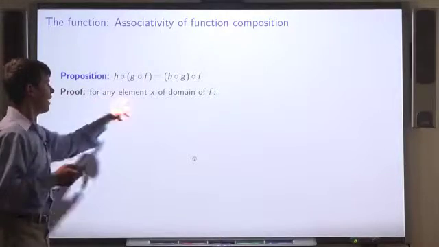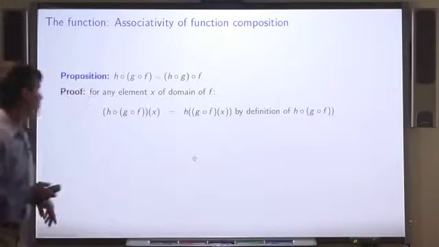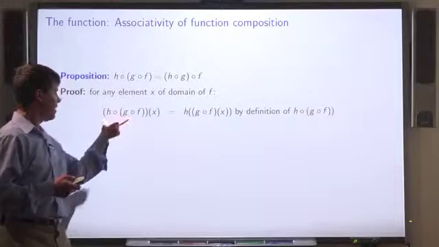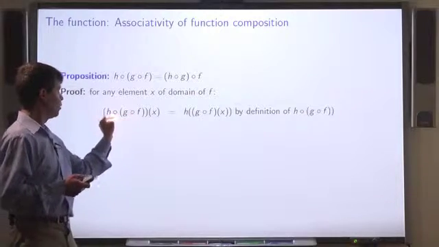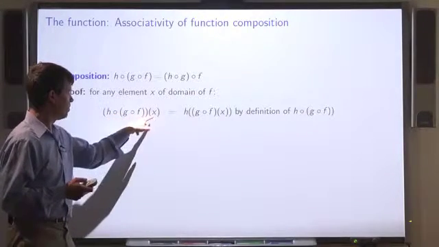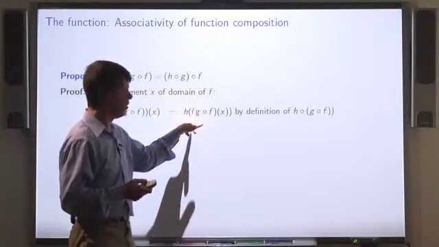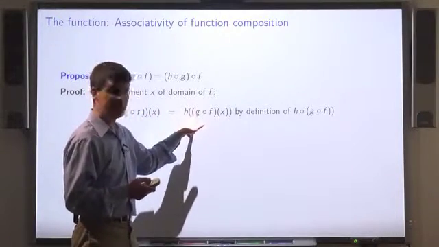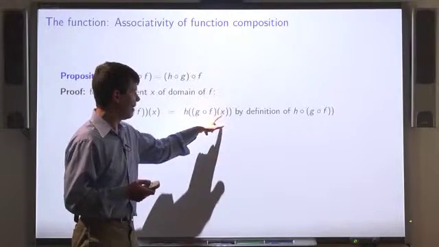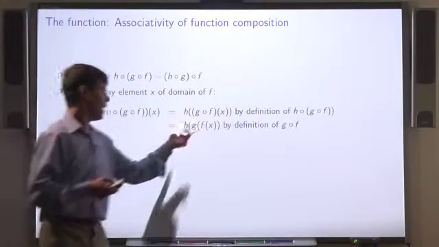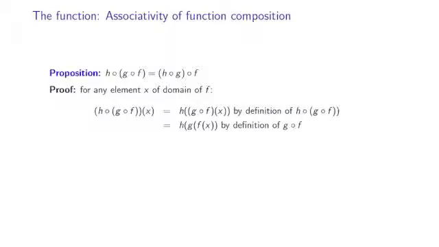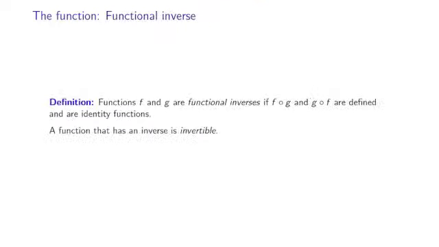Simple proof: for any element x of the domain of f, if we take h composed with the composition of g and f and apply it to x, that's the same as h applied to the result of applying the composition of g and f to x. And that's the same as applying h to the result of applying g to the result of applying f to x. And then we can unfold that to get the other form.